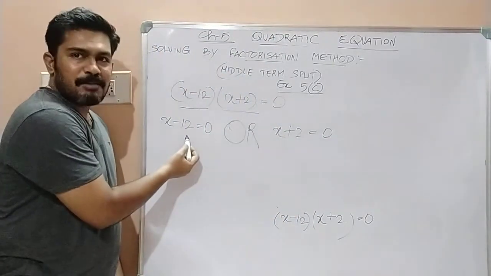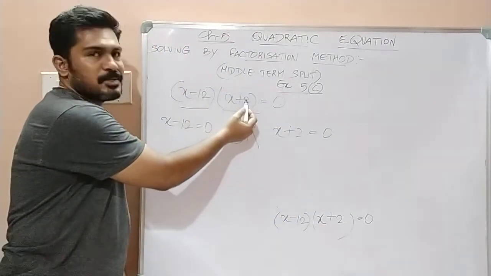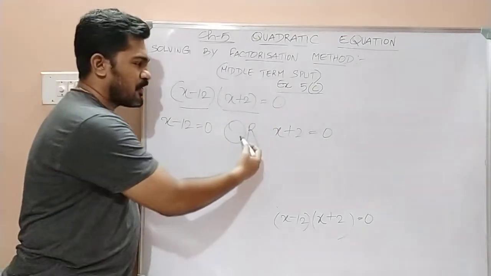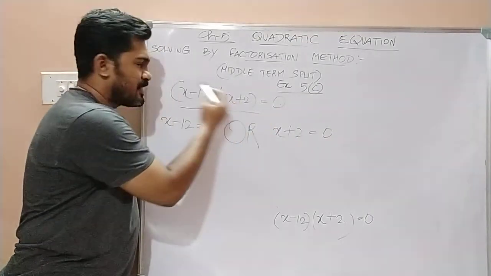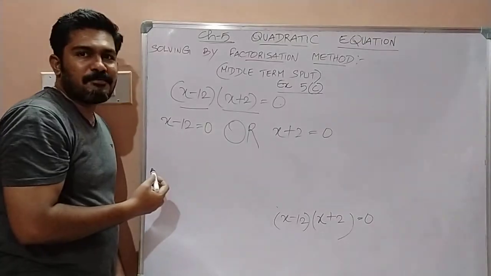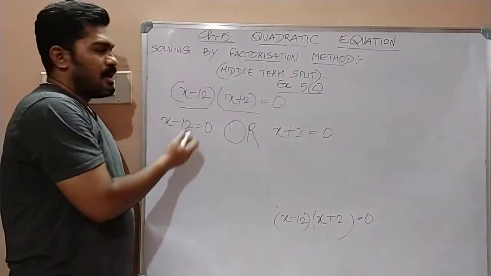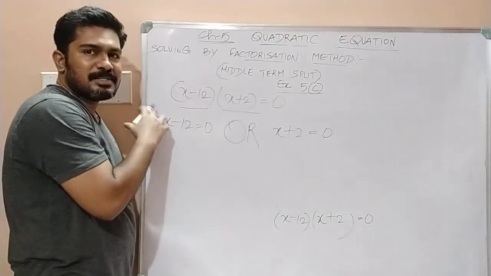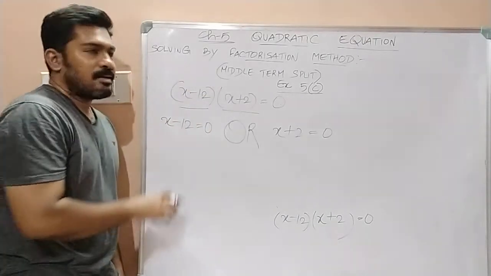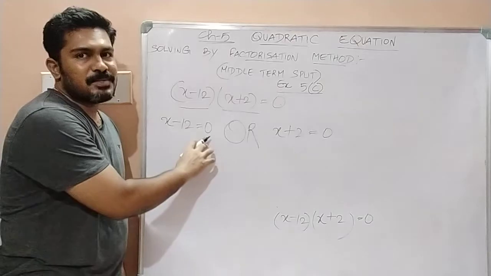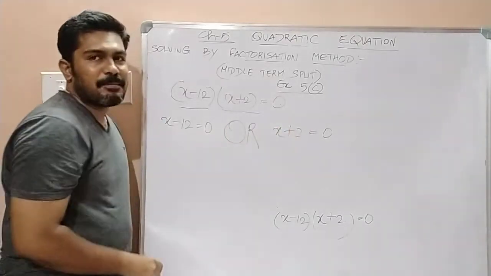If x minus 12 becomes 0, then 0 into x plus 2 is what? 0. Or if x plus 2 is 0, then x minus 12 into 0 will become what? 0. Correct? So children, that is the reason I took both the factors separately and mentioned that either x minus 12 can be 0 or x plus 2 can be 0.